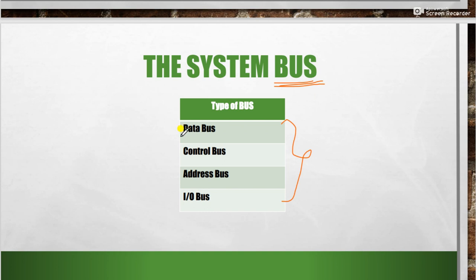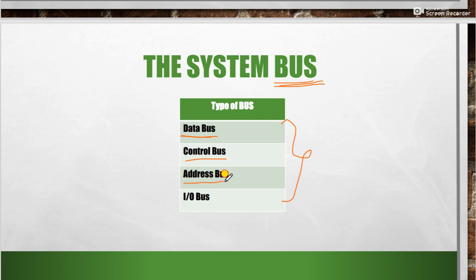The very first type of bus is your data bus. With the name only you can understand that data bus will carry the data part. Suppose I want to send some information, some raw material from one place to another, let it be from the input device to the CPU, that time data bus will be used. Then control bus, it controls the overall flow of the information in the system. Throughout the system, how the information is going from one place to another will be controlled by the control bus.